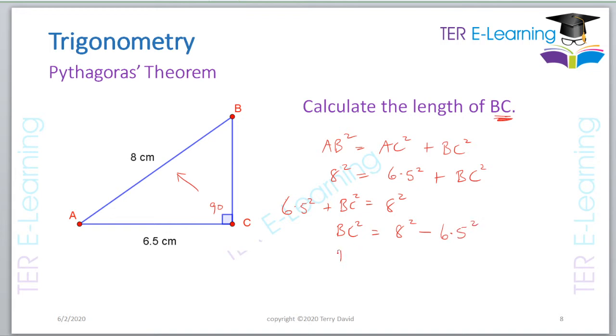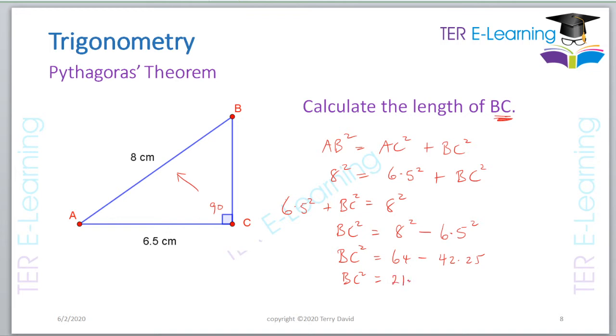Right. So now we're going to use our calculator. 8 eights gives us 64, minus 6.5 squared. So this is 6.5 squared, and this gives me 42.25. So BC squared is equal to 64 take away 42.25, and you're going to get 21.75.